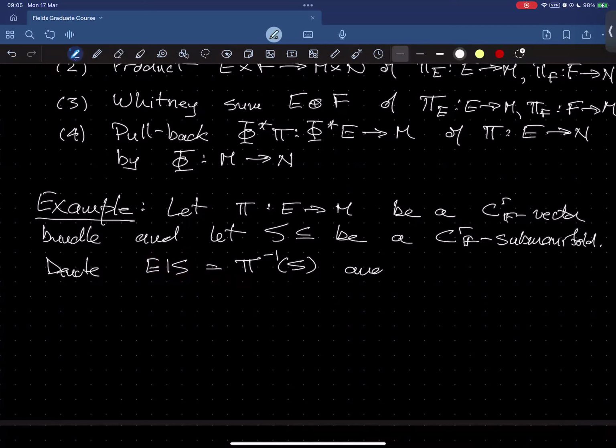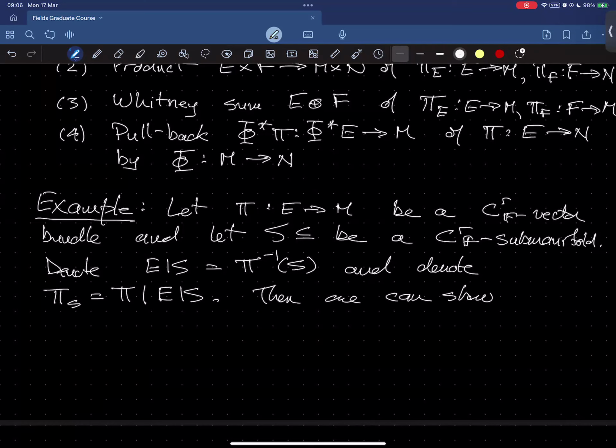Denote pi_S to be pi restricted to E over S. Then one can show that pi_S maps the restricted bundle, and what is this going to map to?